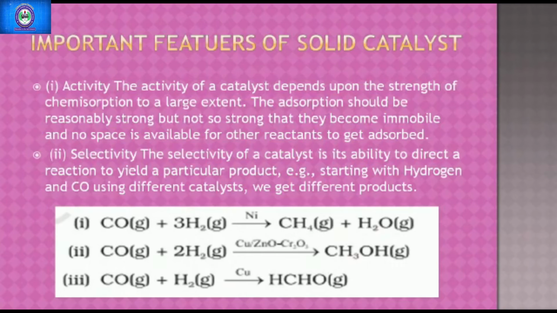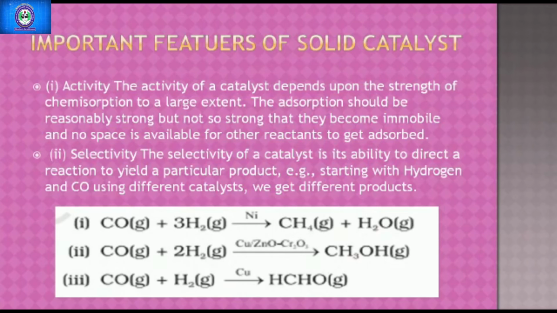Second is selectivity. Selectivity of the catalyst is its ability to direct a reaction to yield a particular product under different catalysts. When different catalysts are used, the products formed are different. One example we have shown here: carbon monoxide, when made to react with hydrogen in the presence of a nickel catalyst, gives methane and water.